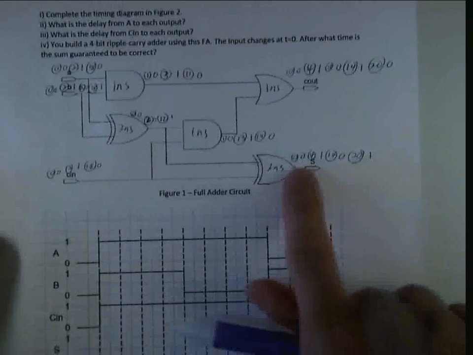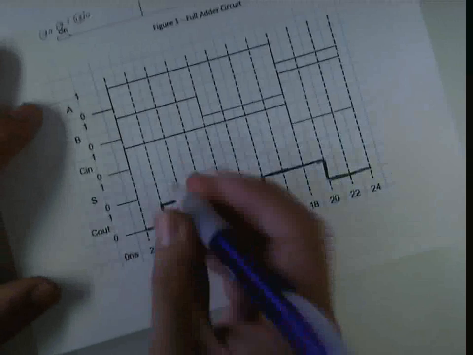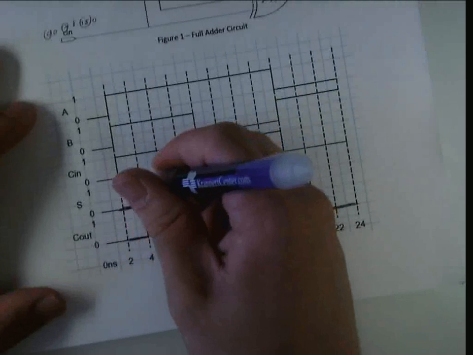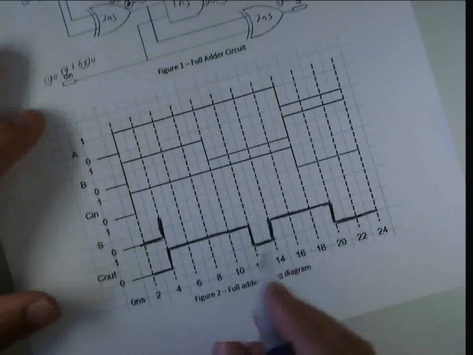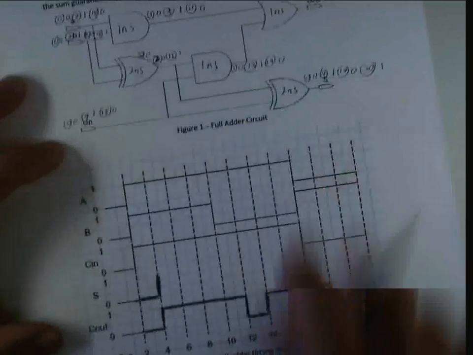And then now I've got 0 at 0, and I will change to 1 at 4 for S. So keep this going. And then we'll go up to 1. And then that will go across to 14, where it'll go to 0.